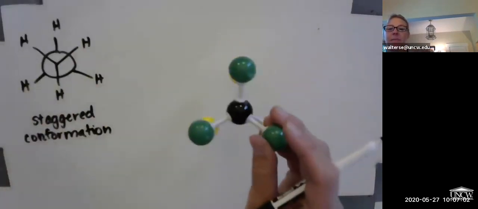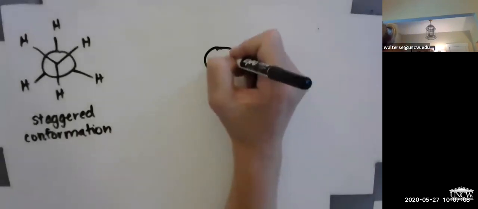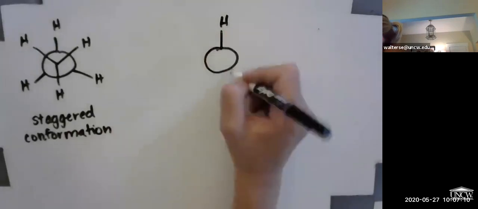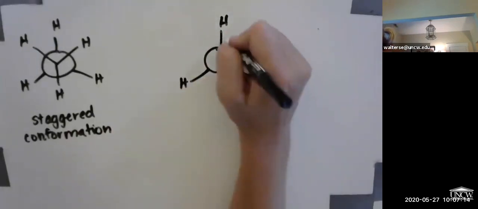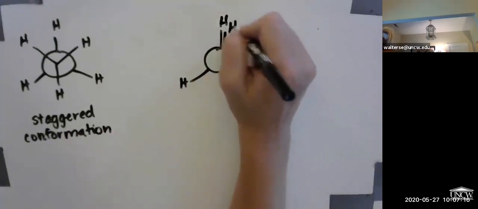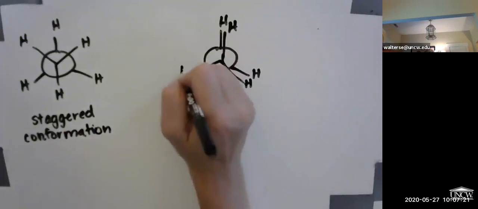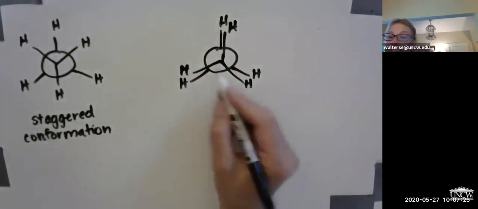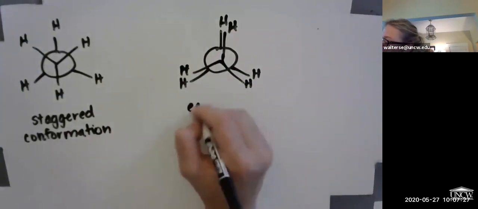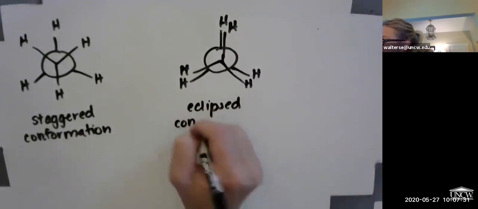When they line up, you think about what happens, what do you call it when you have the moon overlapping the sun and people go nuts and go outside and look at it and burn their eyeballs out? Okay, when they line up, it's called eclipsed. And that's an eclipsed conformation.